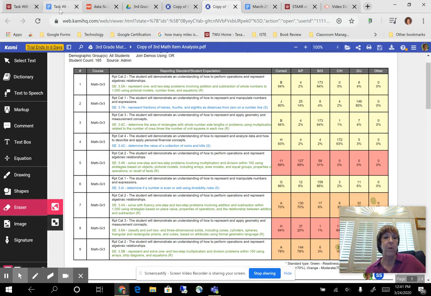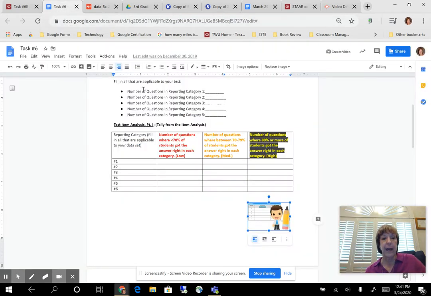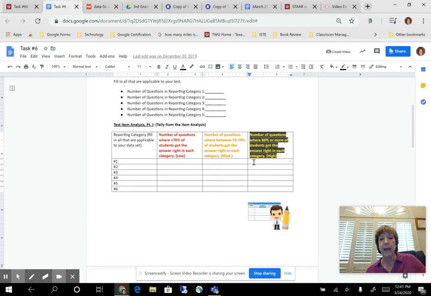So I'm going to go back over, and on my category 1, I'm going to put a tally mark right here to make sure that I remember that I have one question that has a yellow code at the moment.